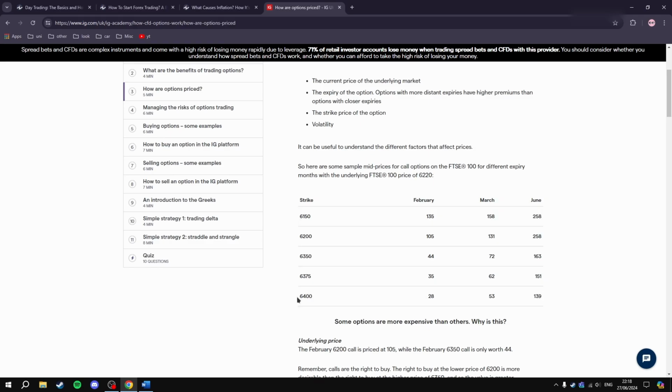So if you bought a call option with a strike price of 6400, then in February you would have paid 28. In March you would have paid 53, and in June you would have paid 1339.